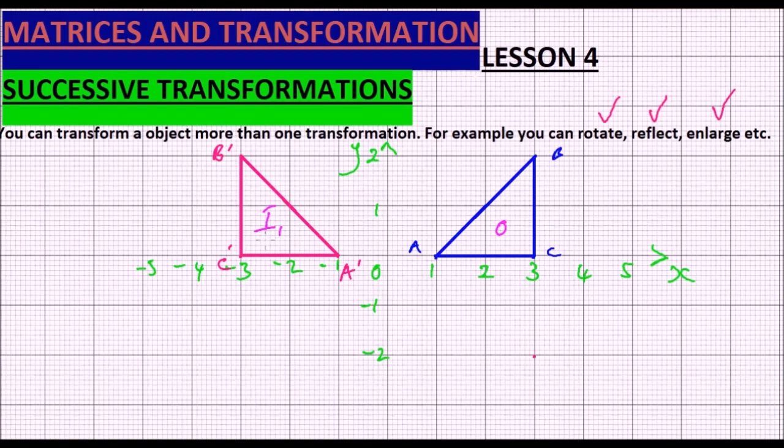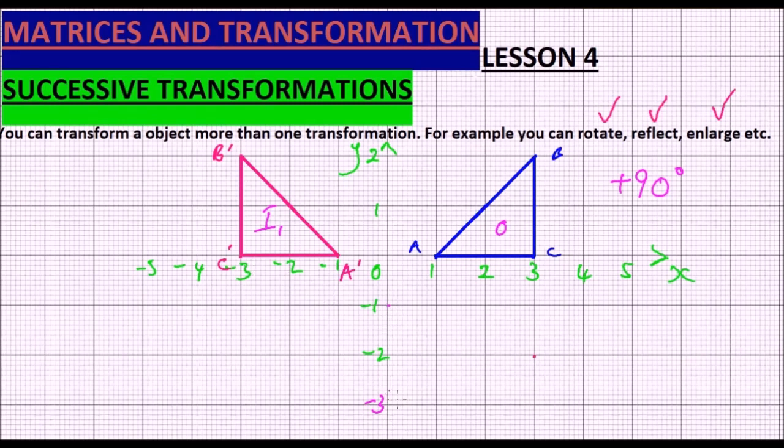Now we are going to rotate this triangle through an angle of positive 90 degrees. Positive 90, we normally use the anti-clockwise direction. So when you rotate A through an angle of positive 90, we will get our point there.